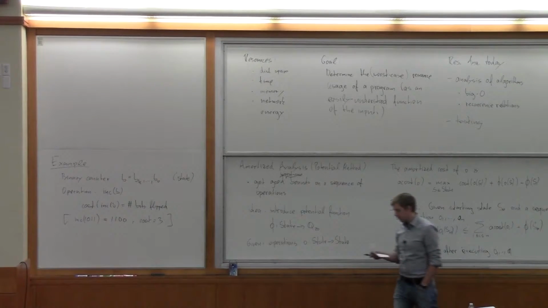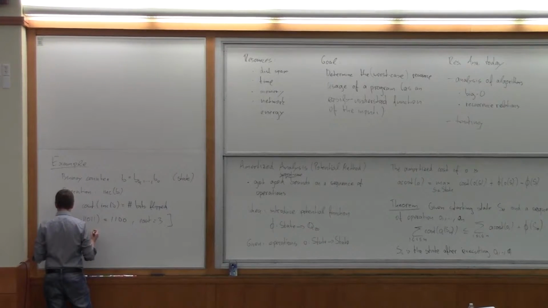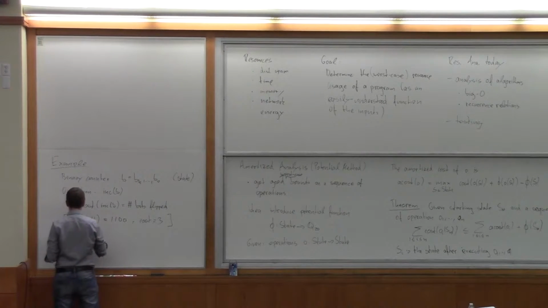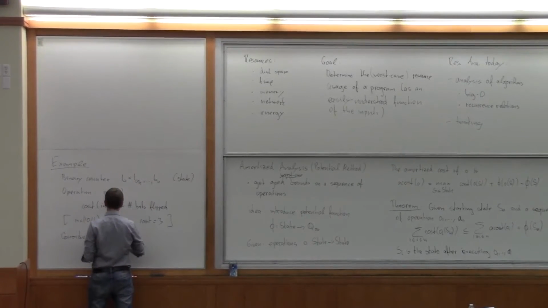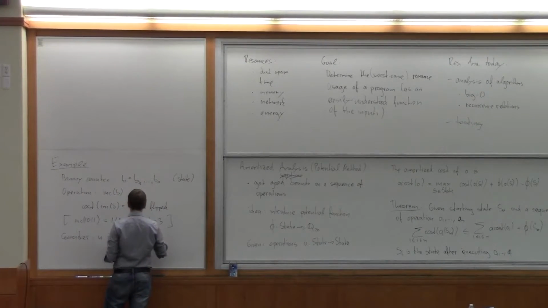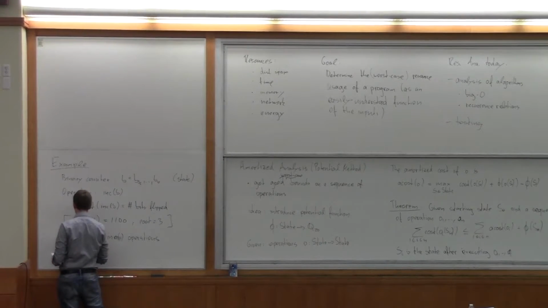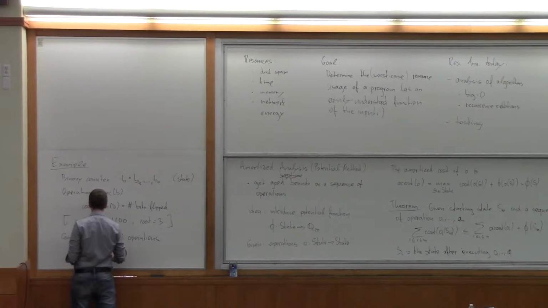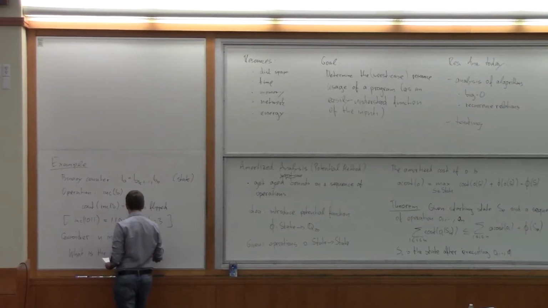And now what we look at is a sequence of n increments. So now consider n inc operations, and what is the worst case cost?